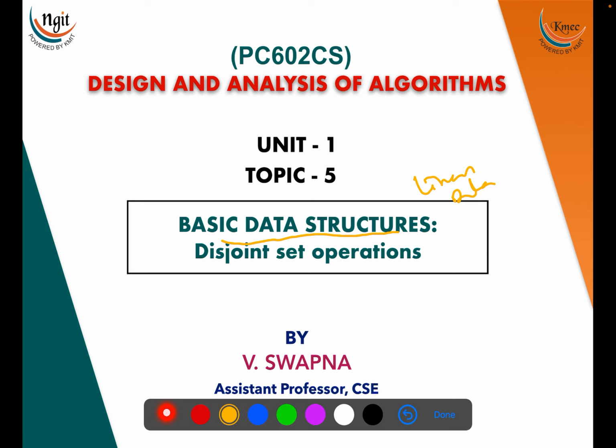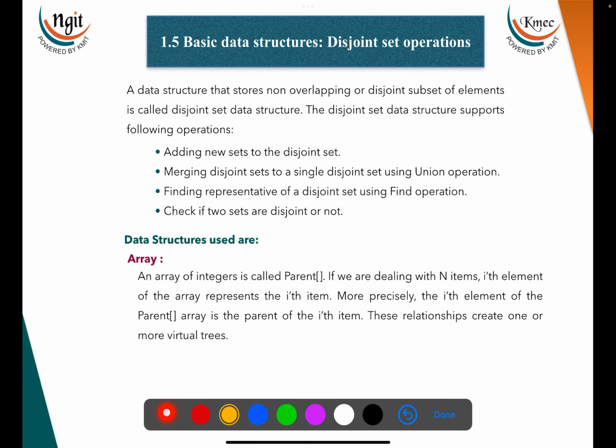When we talk about linear data structures, we consider arrays. For non-linear data structures, we consider trees and graphs, correct? To represent trees and graphs, we have a basic data structure which is the disjoint set. Now let's see what a disjoint set is.